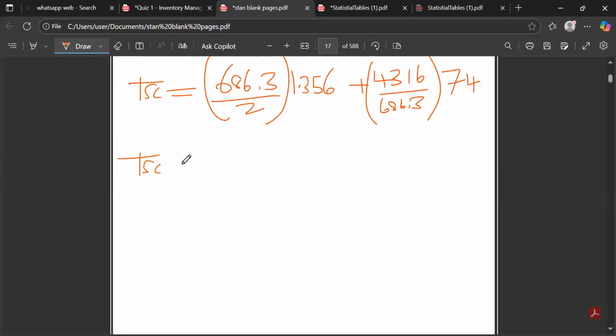So 686.3 divided by 2 by 1.356 is 465.31, plus the other one, 4316 over 686.3 by 74, is 465.37.